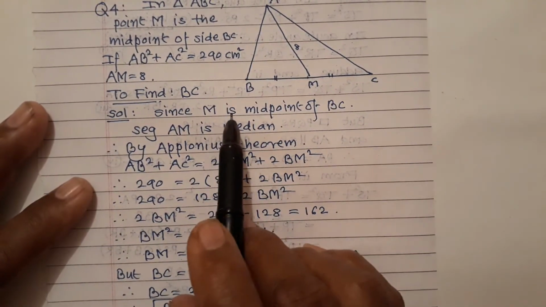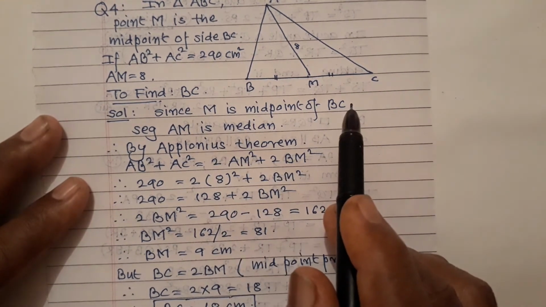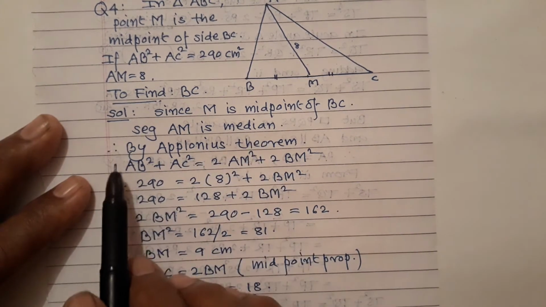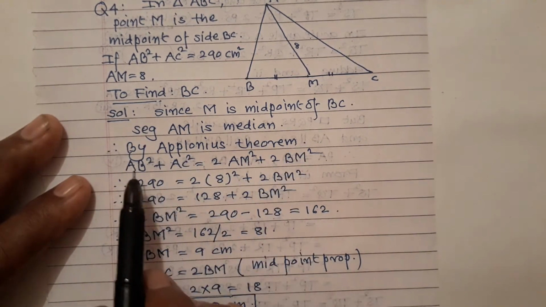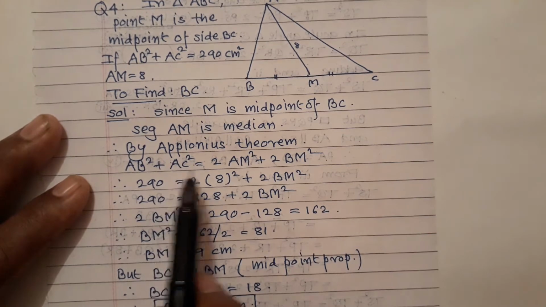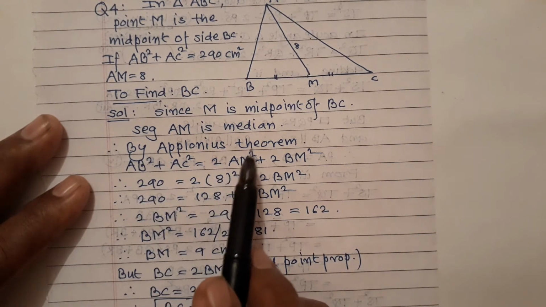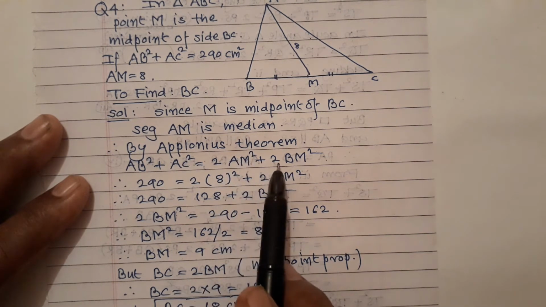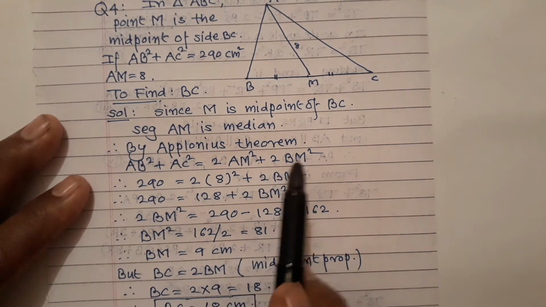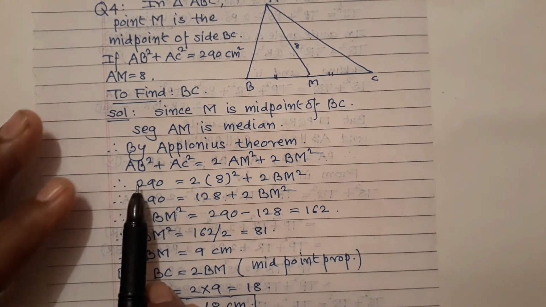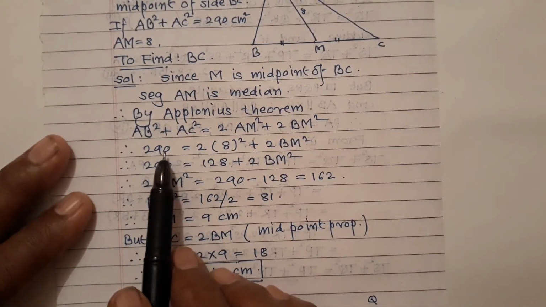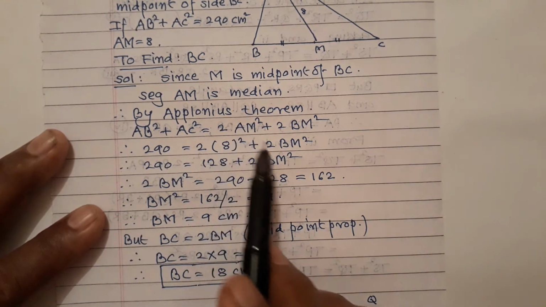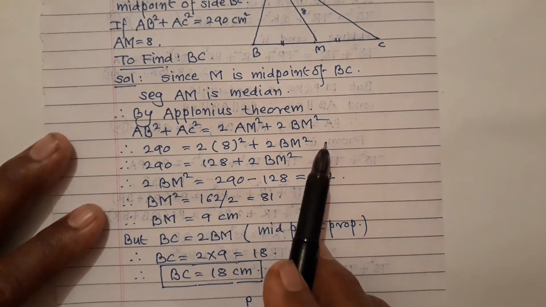Since M is the midpoint of side BC, seg AM is the median, and therefore by Apollonius theorem, AB square plus AC square is equal to 2AM square plus 2BM square. Now substitute the values. 290 is equal to 2 into 8 square plus 2BM square.